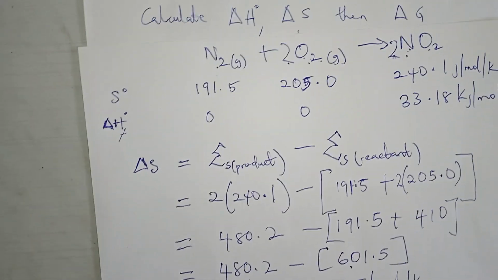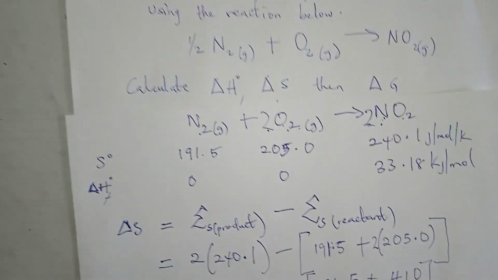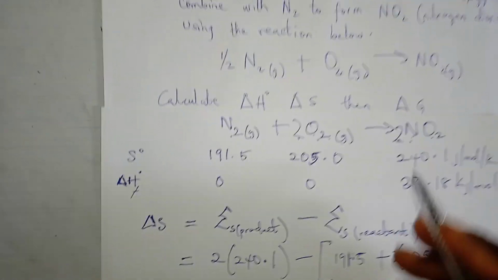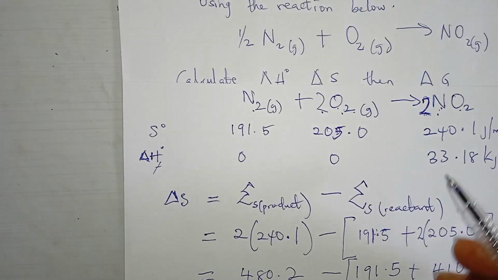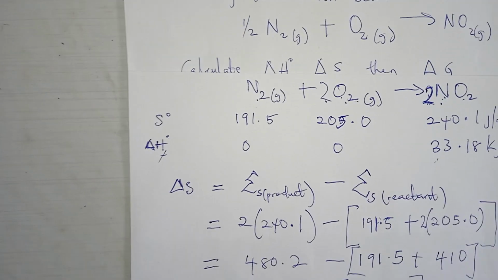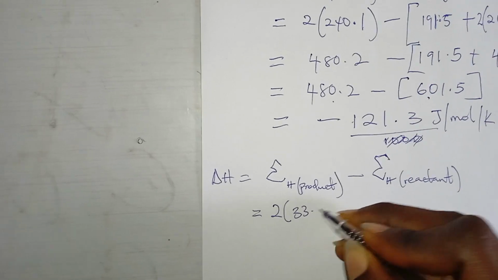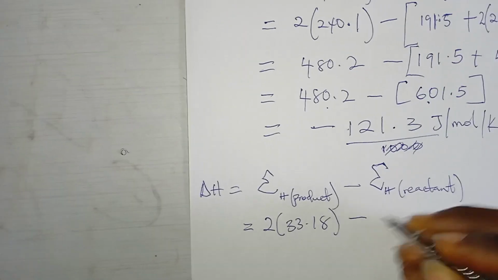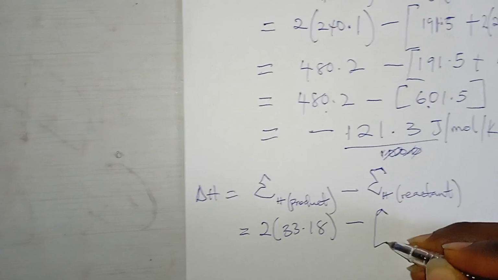We have that the product is nitrogen dioxide, which has 2 as its stoichiometric coefficient. So that is the same thing as 2 times 33.18 minus the reactant part.